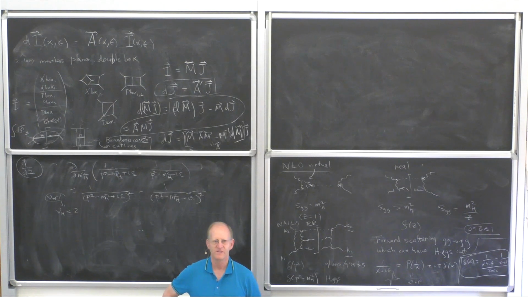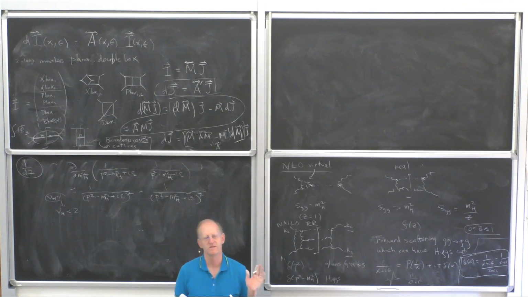So most people who have included the full top quark effects, they're down by at least a loop or more compared to the heavy top ones, and they do it not in such an inclusive way, but they break things up into pieces and they put in realistic cuts. But what you can do is you can expand to higher orders in 1 over m top. And that has definitely been done.